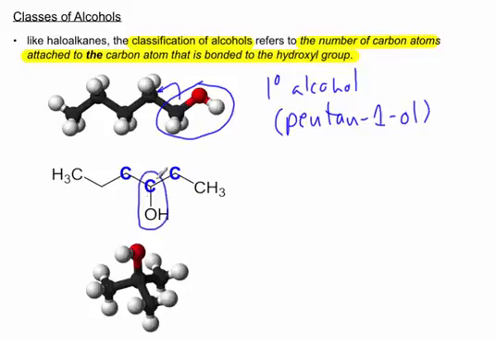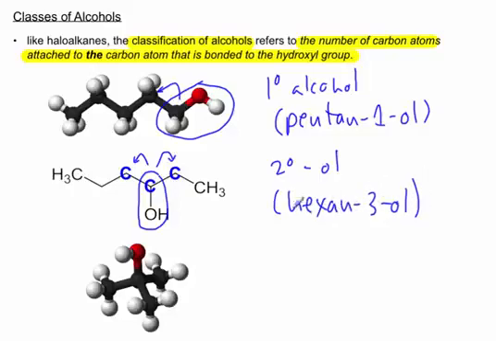So the functional group is on carbon 3, and that carbon is bonded to 2 other carbons, so that's a secondary alcohol. We have 1, 2, 3, 4, 5, 6 carbons, so it would be called hexan-3-ol, because the OH group is bonded to carbon 3.